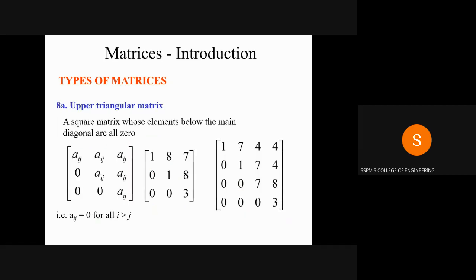See here, this is one special example of an upper triangular matrix. The lower triangular entries are 0 and the upper triangular entries are non-zero, so this matrix is an upper triangular matrix.